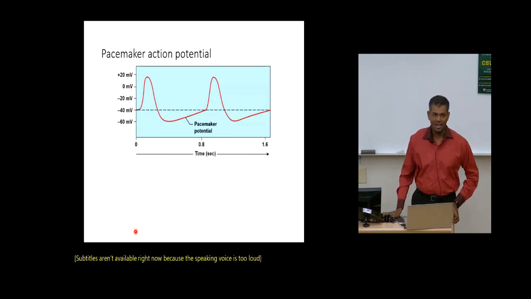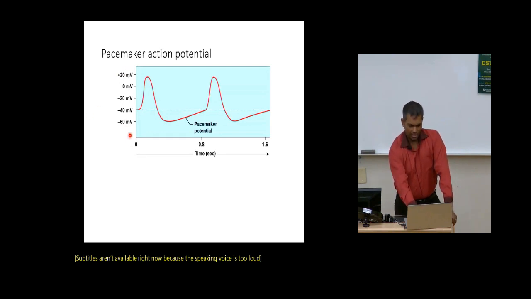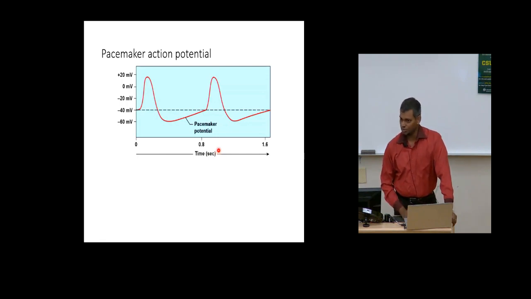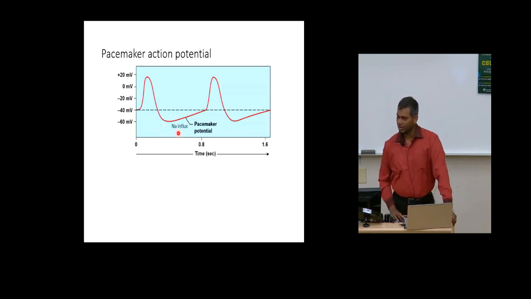So this is the action potential which is generated by the autorhythmic cells. Shown here on the y-axis, we see the membrane potential, and on the x-axis we have time, so we see how the membrane potential changes with respect to time. I want to draw your attention to this part of the action potential. Notice that the membrane potential is gradually increasing due to sodium influx.